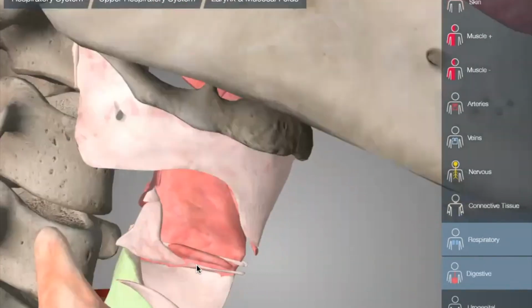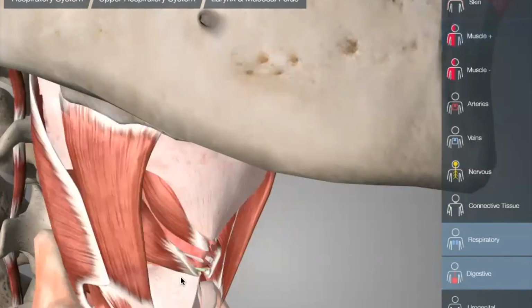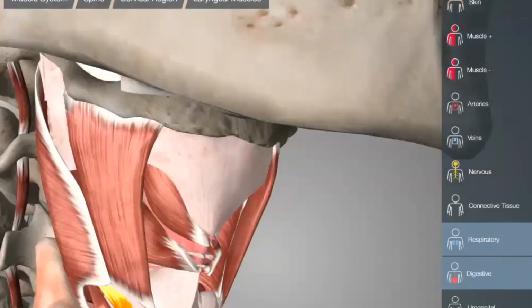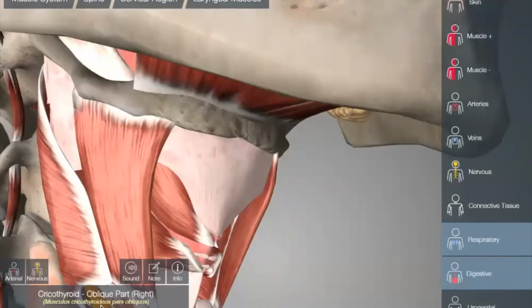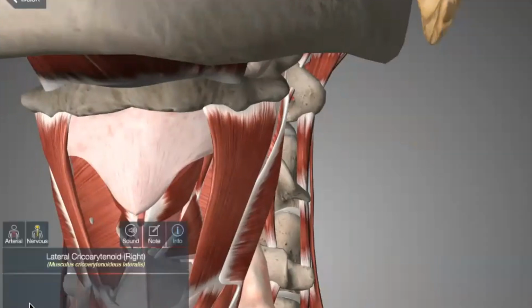The vocal process here is the one that goes in here. So you have apex, base, vocal process. It provides attachment for the vocal ligaments. And the muscular process provides attachments for the posterior and lateral cricoarytenoid muscles. So cricoarytenoid, if we get it out here, isolate.